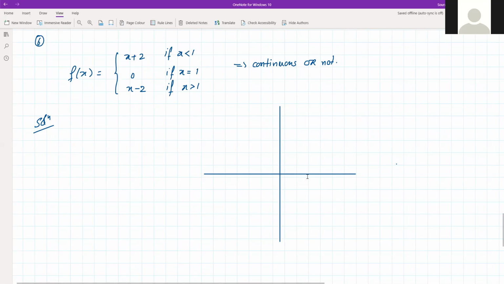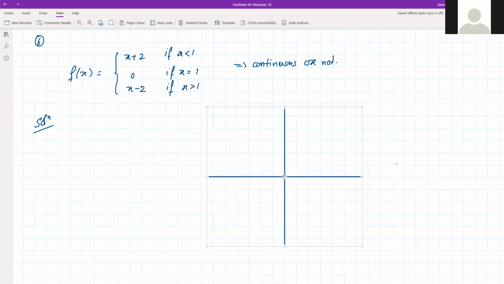At x equals 0, 0 is less than 1, right? So at x equals 0, it will be 2. So if we see this graph, at x equals 0 it will be 2, and at x equals minus 2 it will be 0.